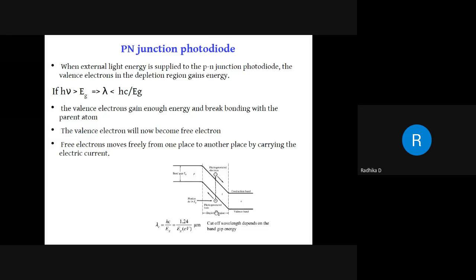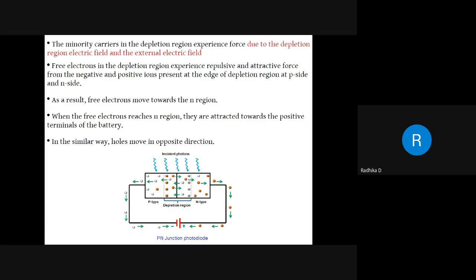So many pairs are there. All these pairs, you have applied a potential across it, so they can move. Let me come to it. I have the structure now finally like this. I have applied a reverse potential here. Light has fallen onto the depletion region, onto the valence band. The valence electrons gain energy, go to the conduction band, become free electrons, but they have left a hole there.